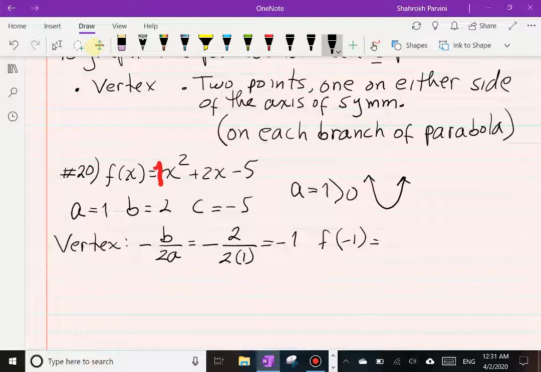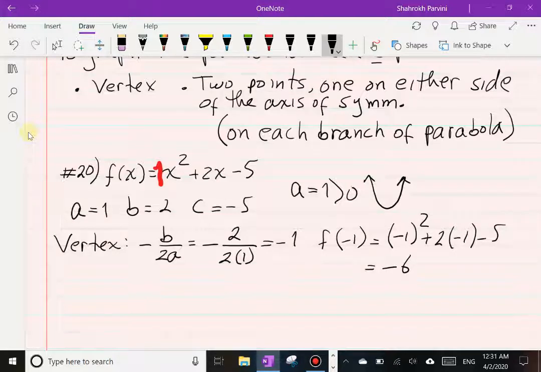Okay, so I'm plugging negative 1 into the original function. We are evaluating the function at negative 1. So this is going to be negative 1 squared, and then plus twice times negative 1 minus 5. If you do the arithmetic here, you should get negative 6.